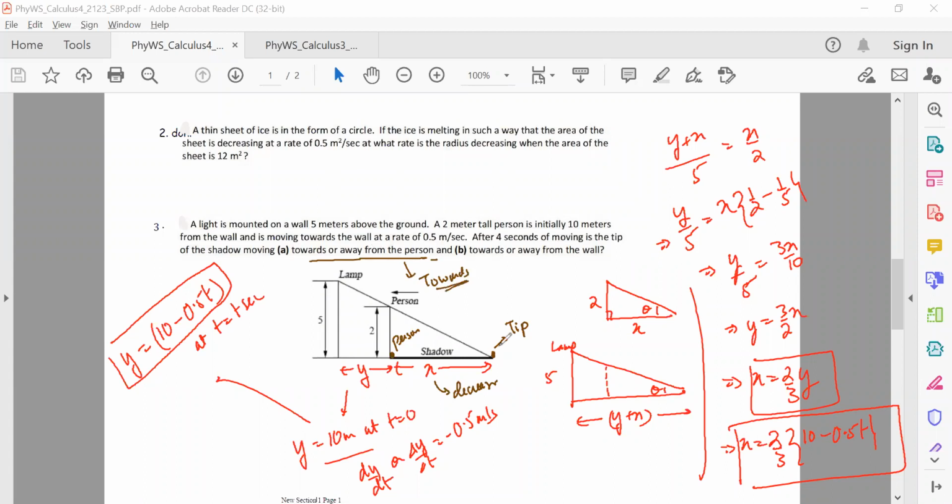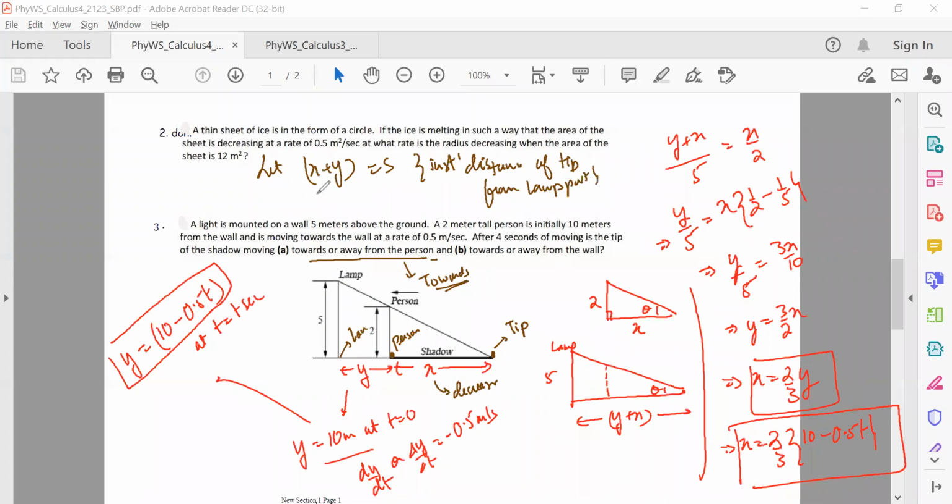Now similarly, the tip with respect to the lamp is at a distance of how much? x plus y. So let's say x plus y is s. This is the instantaneous distance of the tip from the lamp post.